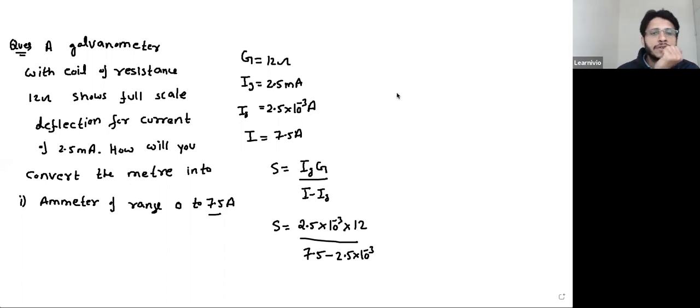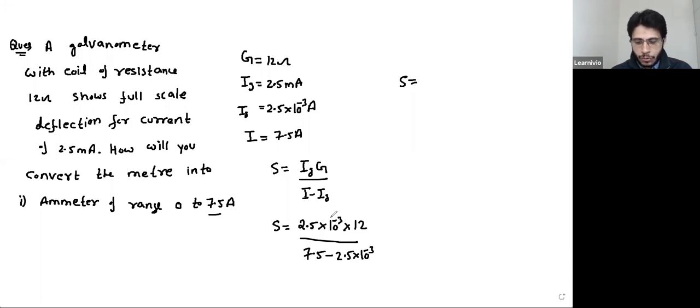So this is the value of shunt resistance. I have to use calculator. So that's 12 into 2.5, which is 30.